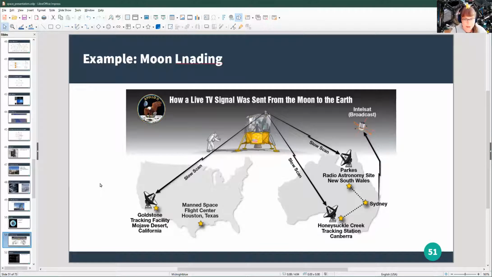So the way it works is that you have an image coming from, for example, space, and depending on what is listening at the time, it can pick it up and then relay it to each other.